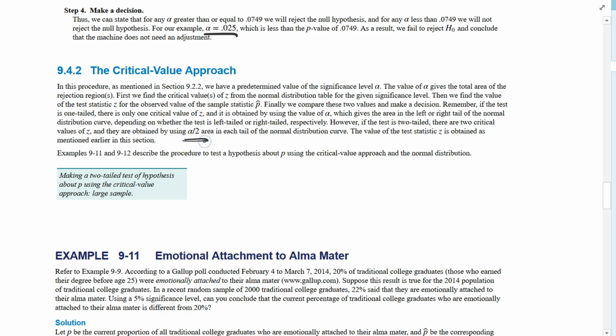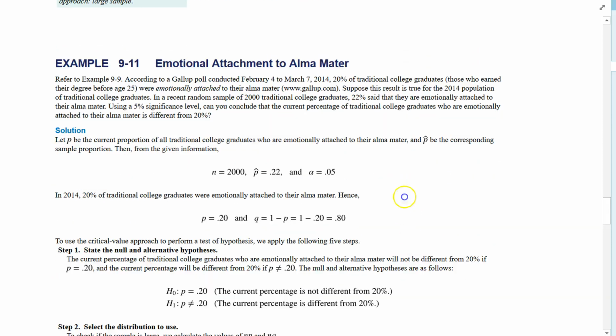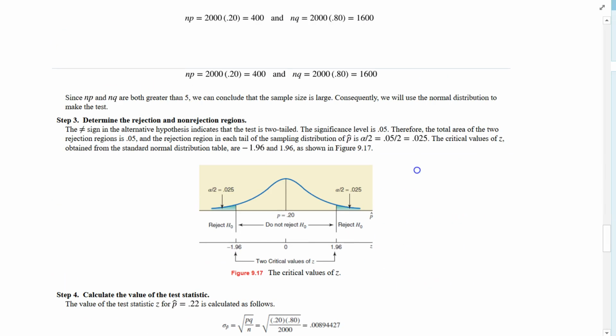If you're doing a two-tailed test, you're going to have to take your alpha over 2, but if you're just doing a right-tailed or left-tailed, you'll look at that directly. Here's another example where it is a two-tailed test, and you take the alpha over 2, and the critical values here correspond to the area on your normal distribution curve.